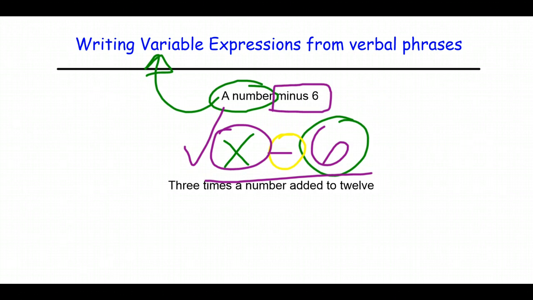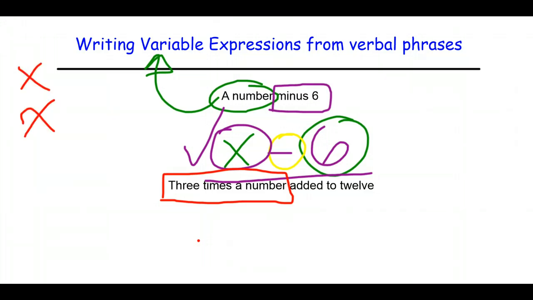Now we're going to get to something a little bit more complicated with the second one here. 3 times a number added to 12. Again, if we read straight from left to right and do exactly what the phrase says, we'll find out how to actually write this phrase as a variable expression. Starting with 3 times a number. Well, times clearly gives us multiplication. I'm going to use a dot because x is going to be my variable, so I don't want to confuse my operation, multiplication, with my variable, x.